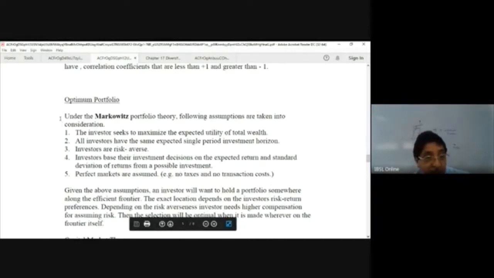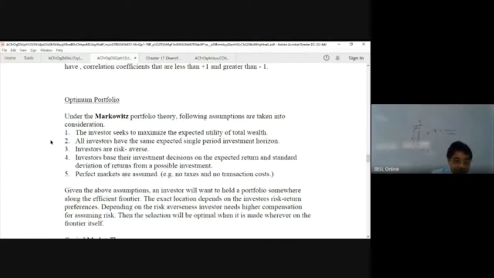Now these assumptions are very important. In examinations, sometimes this is being tested, and you have to put forward the assumptions of this Markowitz portfolio theory.